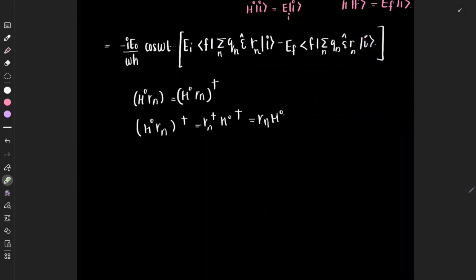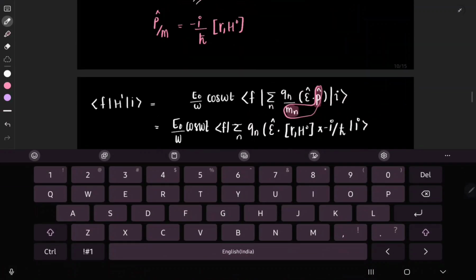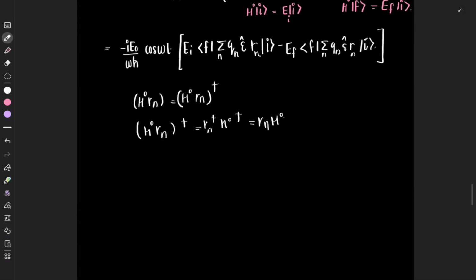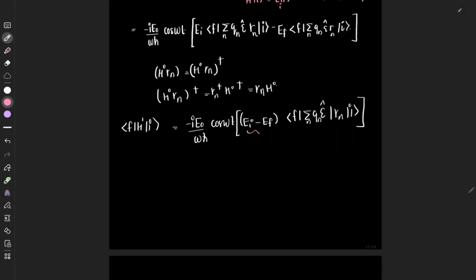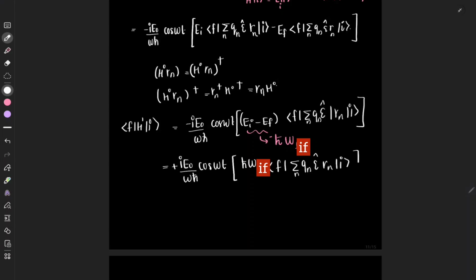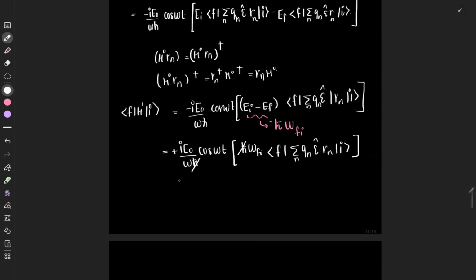Okay, so I can write that as, actually what is this? This equation to be as, this is nothing but minus, so it becomes omega f i. Minus will go in this, so it becomes omega f i. This becomes this, and then h cross gets cancelled.